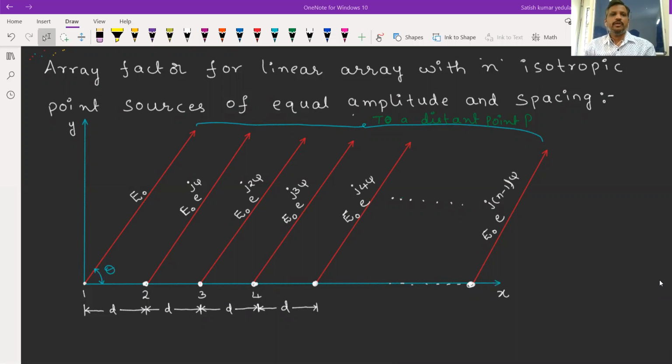In this video lecture, I'm going to present the array factor for the linear array with n isotropic point sources, which are excited with currents of equal amplitude and equal spacing.